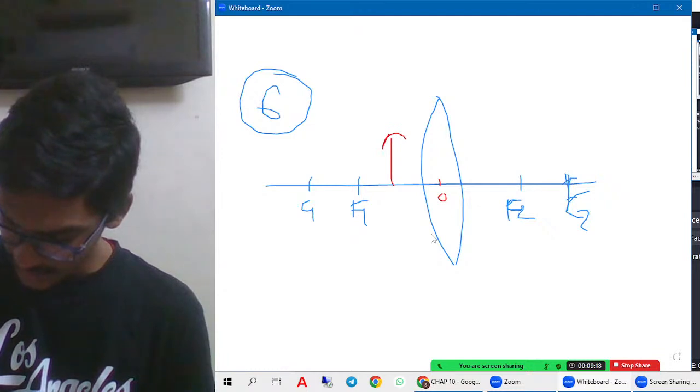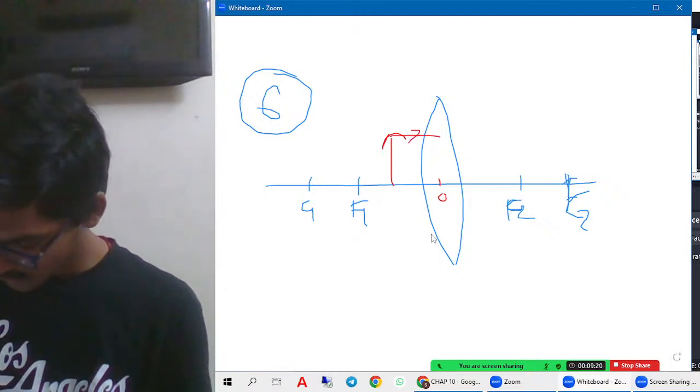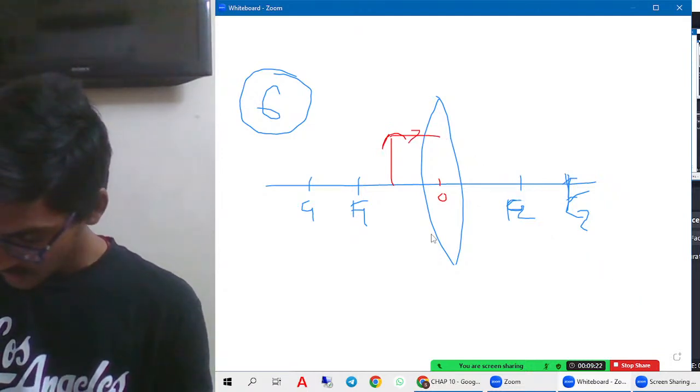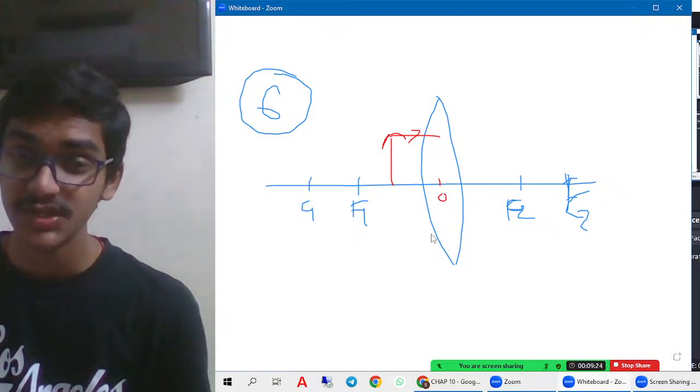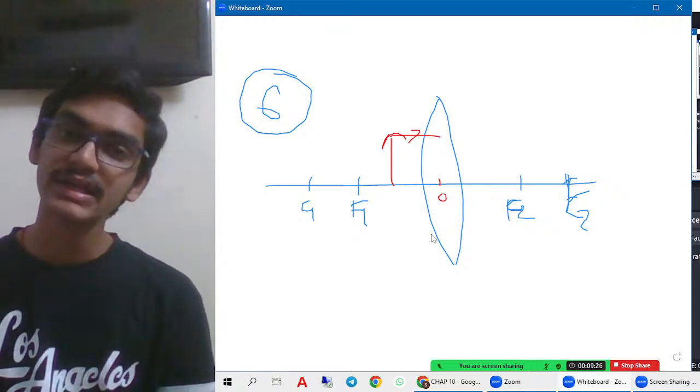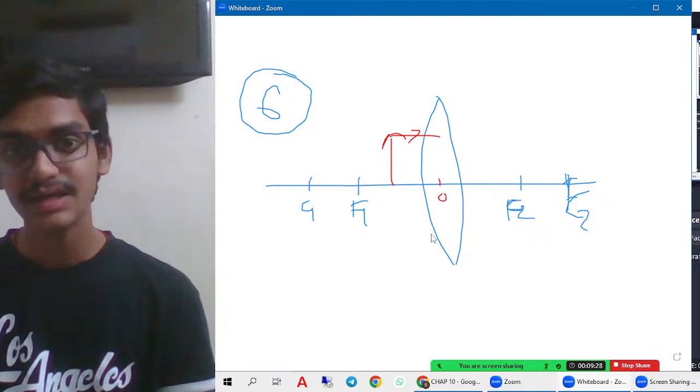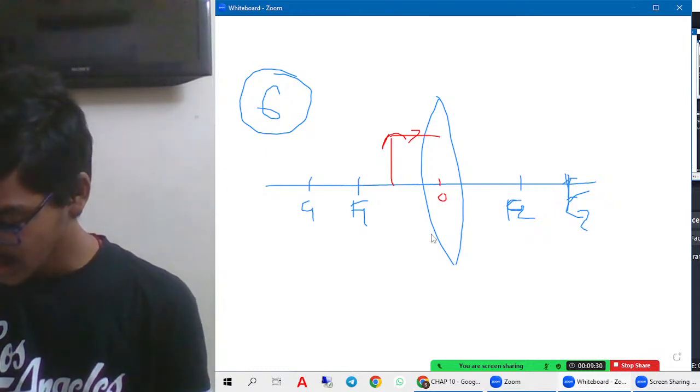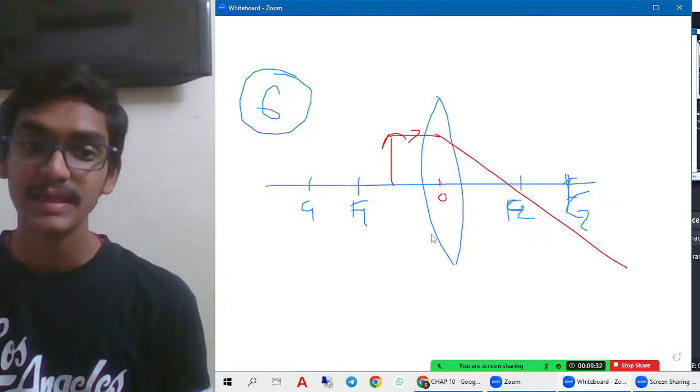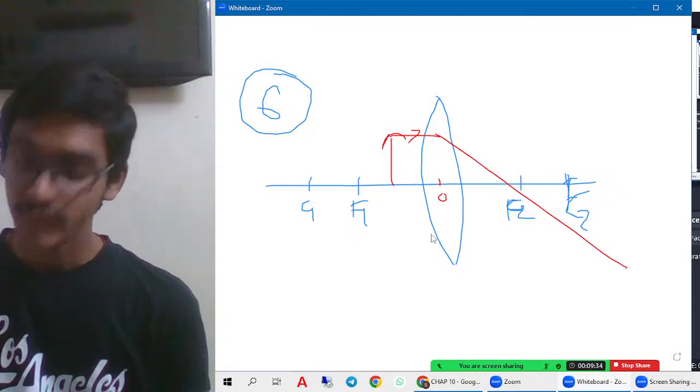Okay, so where will the image be formed? This is the only condition where the image is virtual. In all the other conditions, I saw that the image is real and inverted. But this is the only condition wherein the image is going to be virtual.